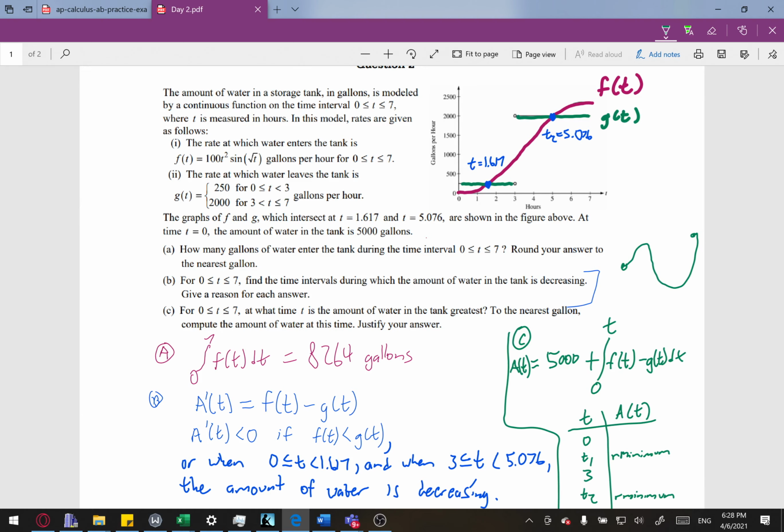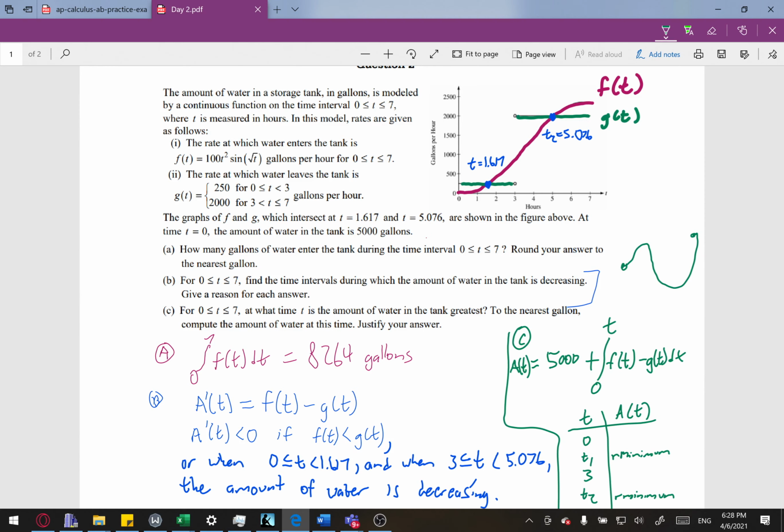So in the calculator, I'm going to type in this first part here. We'll solve for the amount at 3. And then we'll go down to the second line. And once we know the amount at 3, we'll add another integral from 3 to 7 of f(t) minus 2000 dt. Write that dt for everybody reading afterwards. To see how much amount of gallons we had at 7.